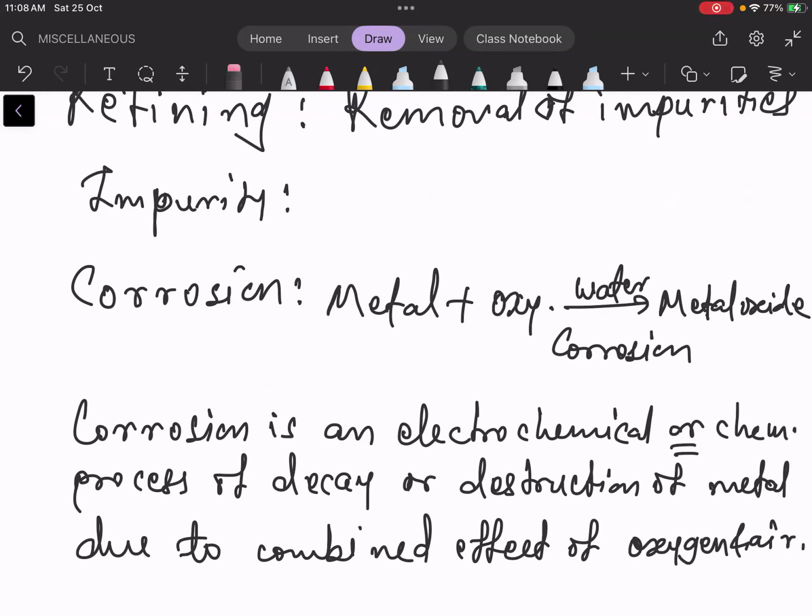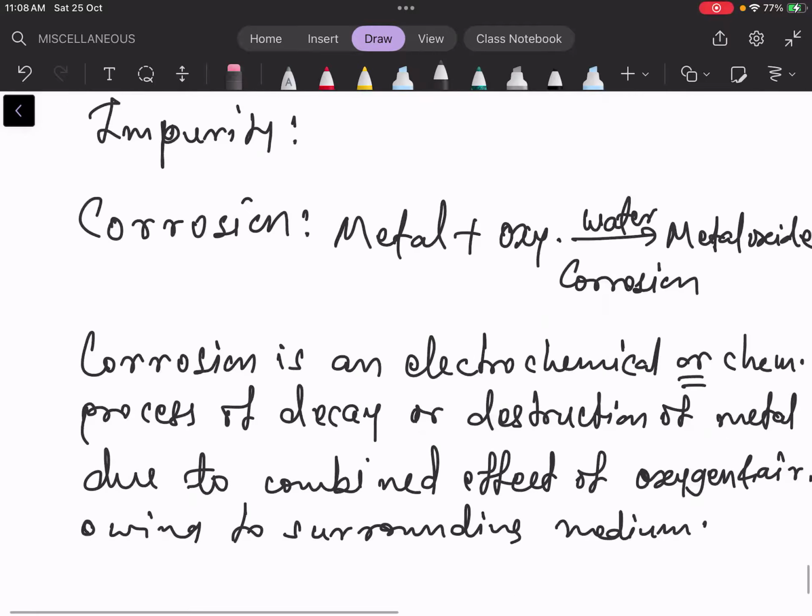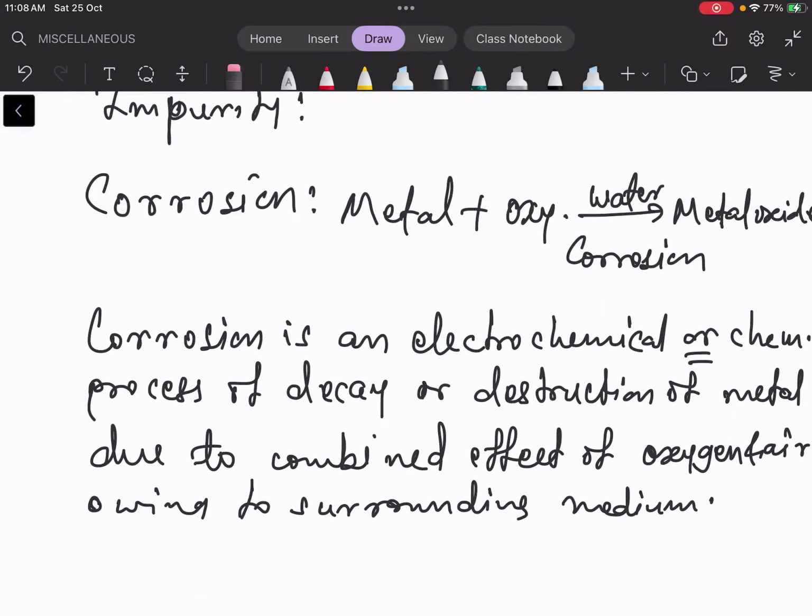So corrosion is chemical or electrochemical decay or destruction of metal due to combined effect of oxygen, air, owing to surrounding medium, that is air and oxygen present in surrounding medium. Now, how to prevent corrosion?